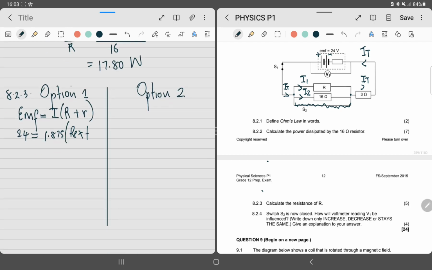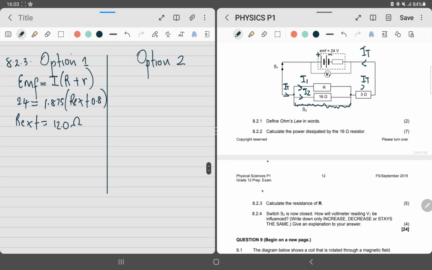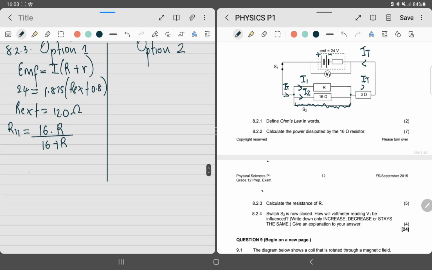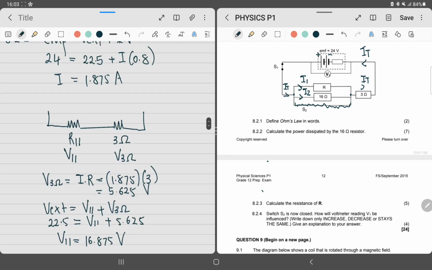R external, we do not know. This is 0.8. Getting 12 ohms. Then for the parallel combination, we take the value of the first resistor, which is 16, we multiply it with the second one. Then we find the sum. And then we said that the R parallel will be in series with the 3 ohm resistor.